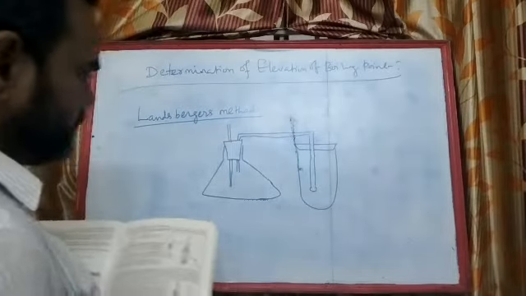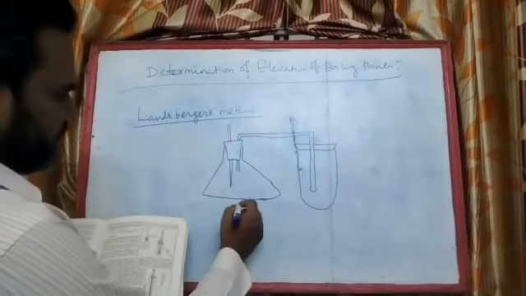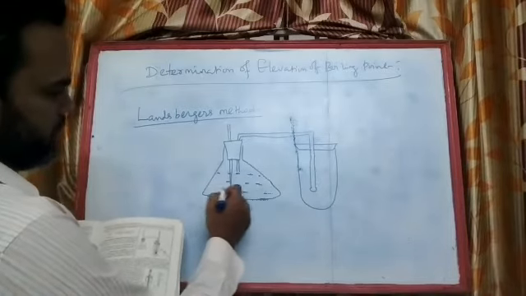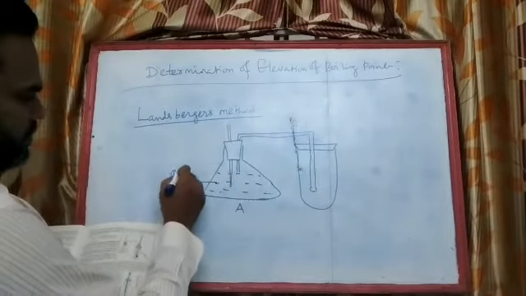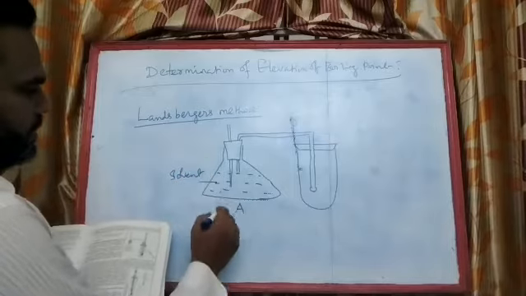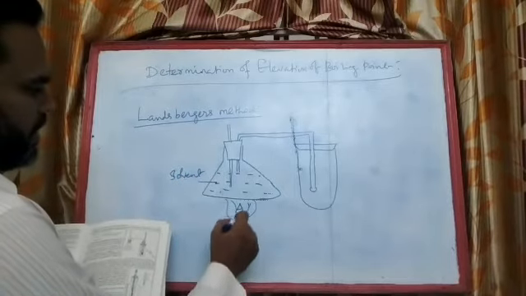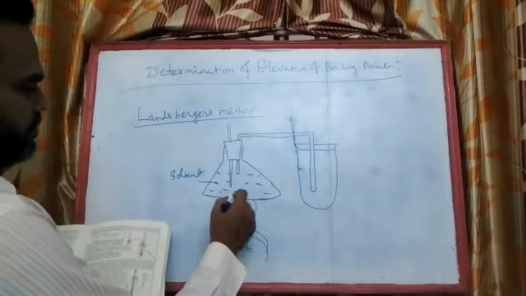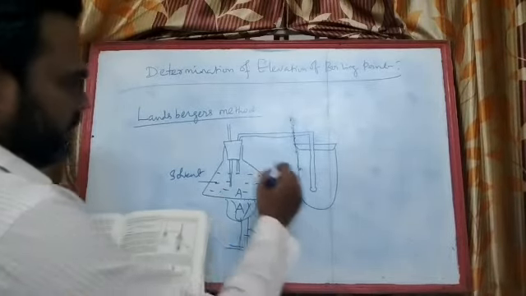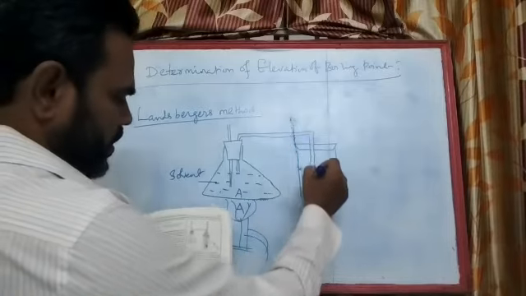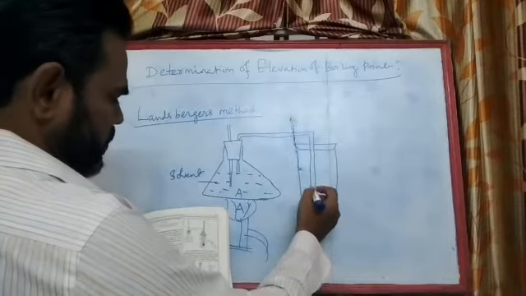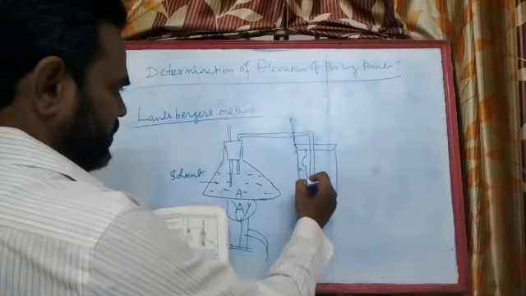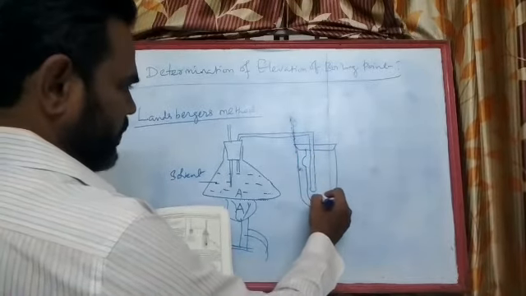This method consists of a conical flask A, which contains the solvent, and this can be heated. The heated vapors pass through another tube, like this.